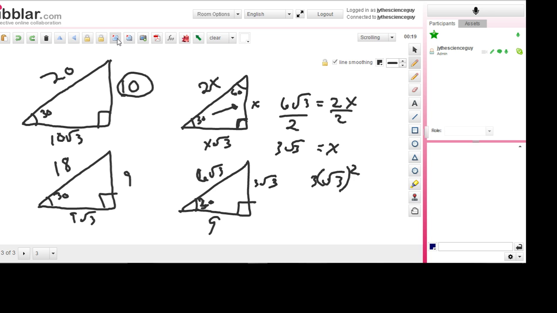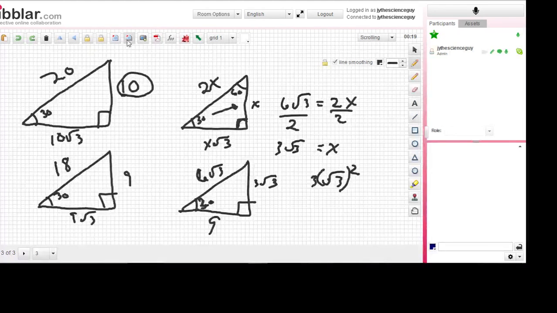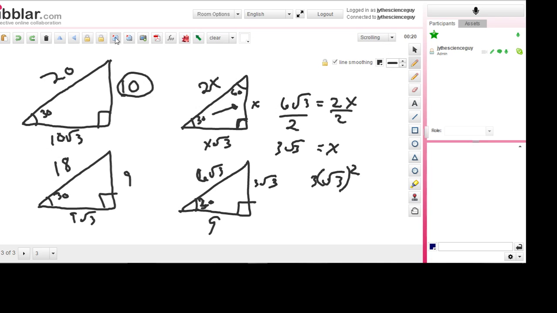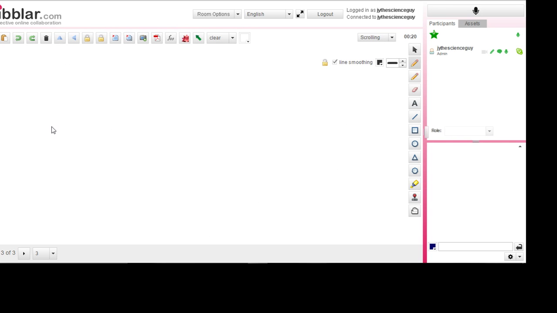All right, so I'm going to delete this. I'm just going to clear this. Ooh, I didn't mean to do that. Delete. So this side is 30. That's 90. And this is 12. Find the other two sides.